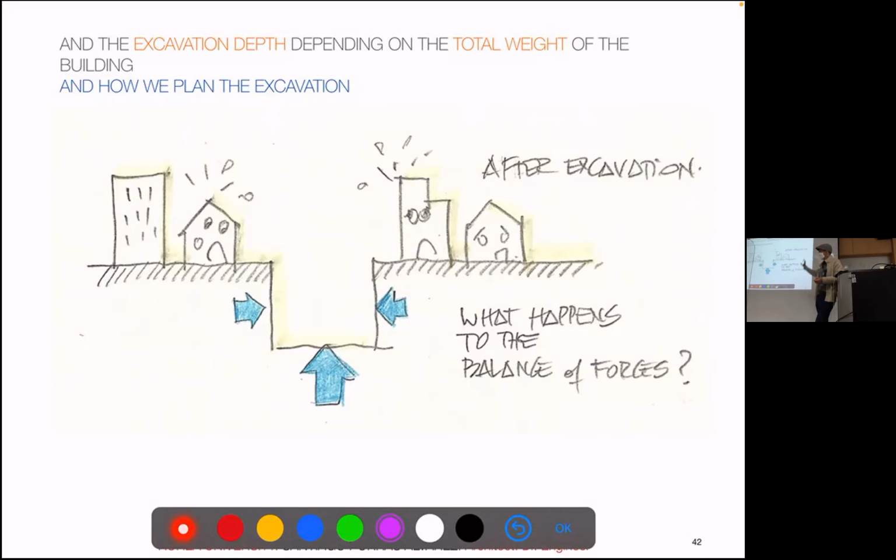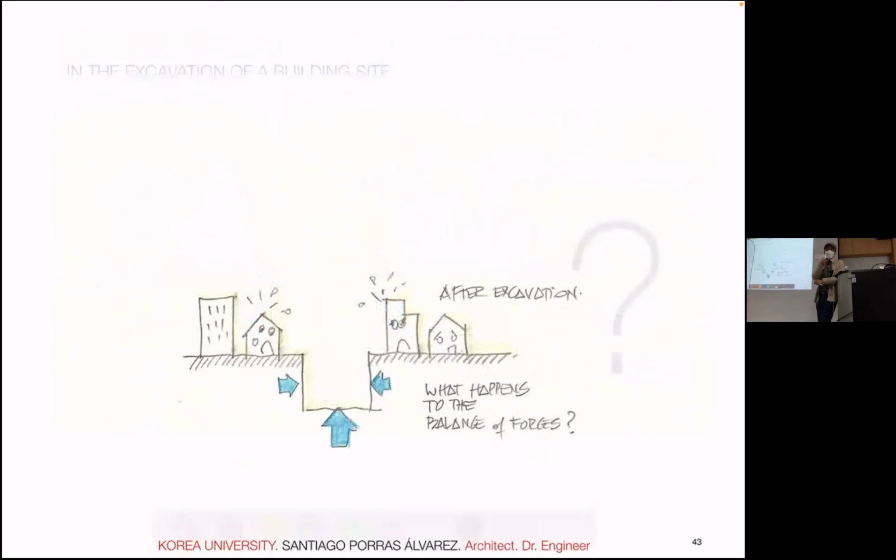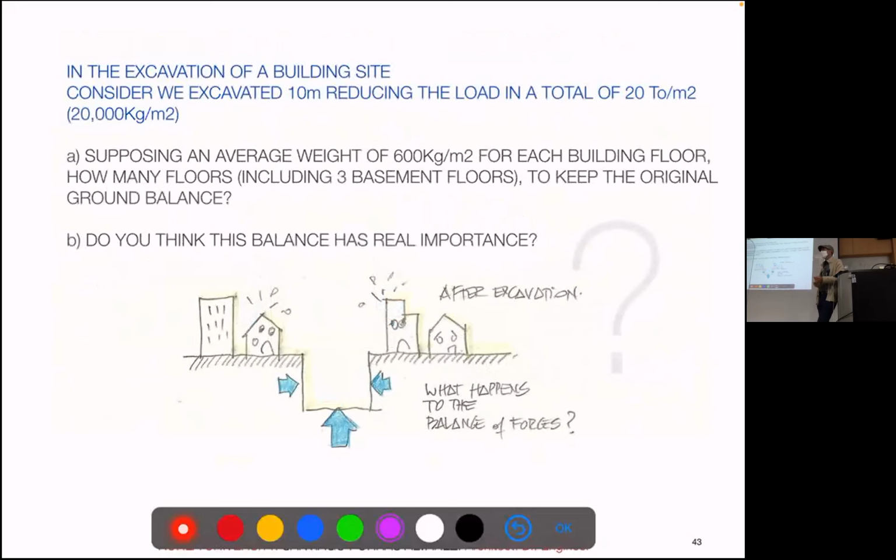So just to give you the idea of how much an excavation has to do with the stability of the ground, I have a small question for you. You need 1 minute because it's just a very simple calculation. Imagine we have a building with a weight, we commented, of 600 kilograms per square meter, right? We excavate 10 meters.